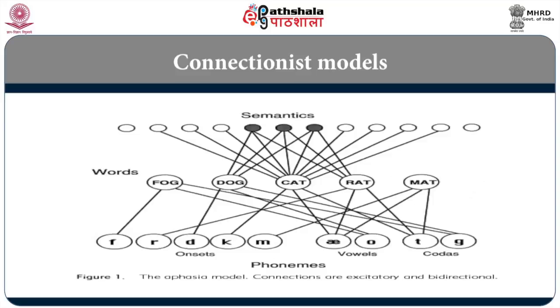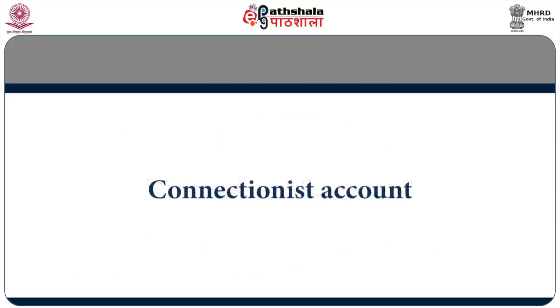The only thing that connectionist models say is that some connections are excitatory, some are inhibitory. So, the weight of excitatory connections will help you identify the correct word, and you will produce a given word correctly if those connections work in a particular way.